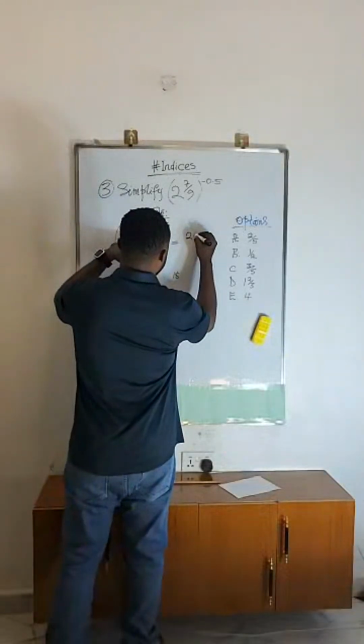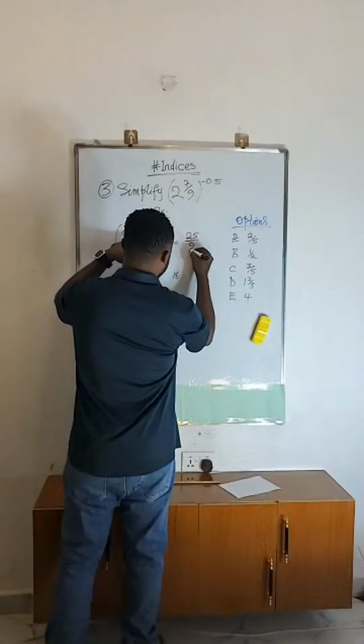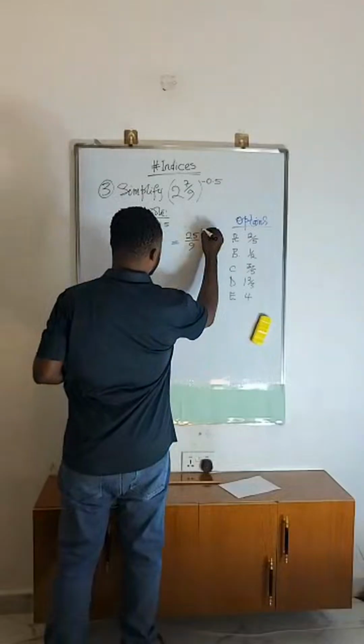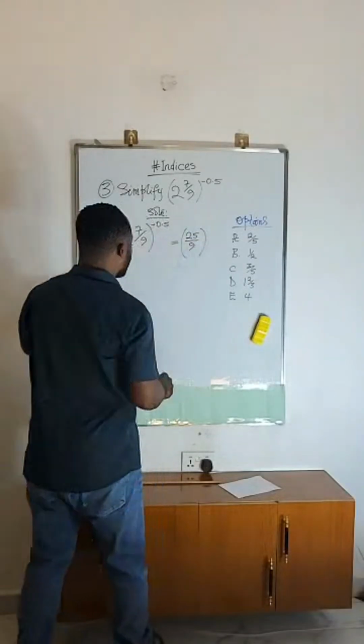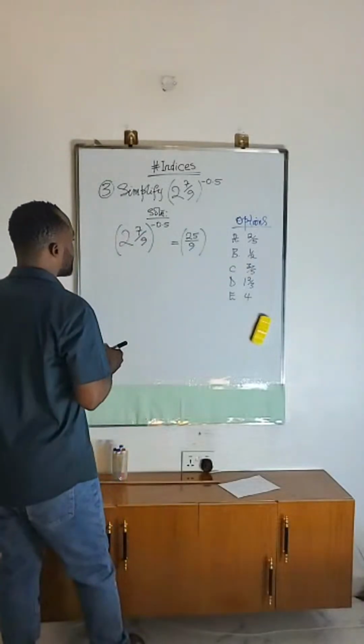So that is 25 over 9. So the whole of whatever is in bracket is 25 over 9.